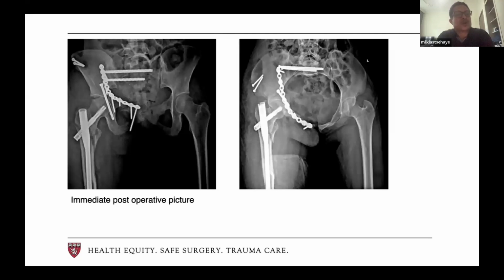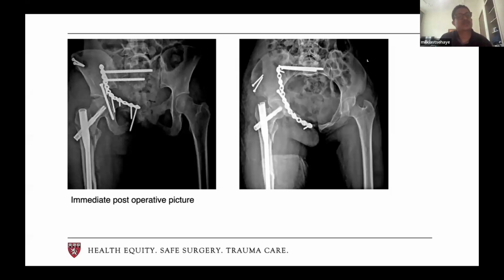So we were able to put in a long PFN nail with a helical blade, and that helped us manipulate the lower limb so that we could pull it and apply some traction while visualizing the acetabulum with a lateral iliofemoral approach and then a combined Stoppa approach. That helped us a lot.